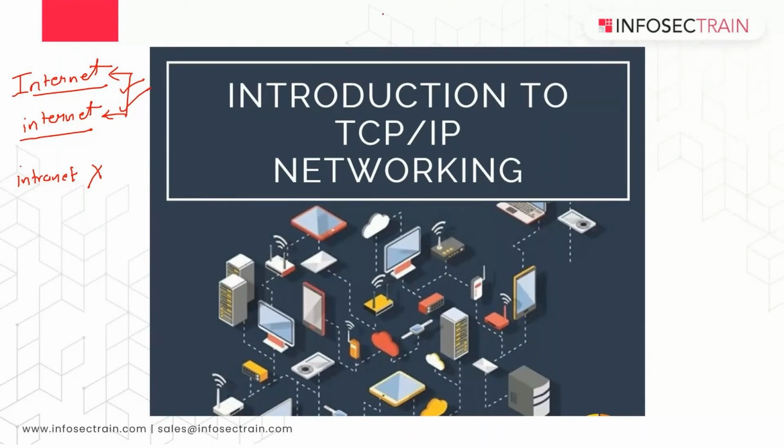When I'm saying the network in which billions of devices are connected with each other, that is the Internet with an uppercase I, capital I. The internet with a lowercase i means two devices communicating with each other.